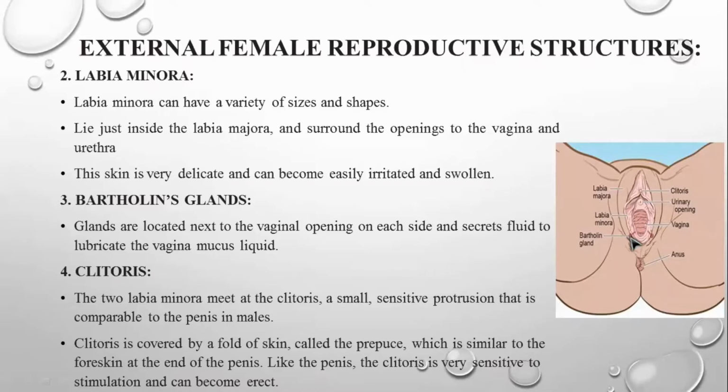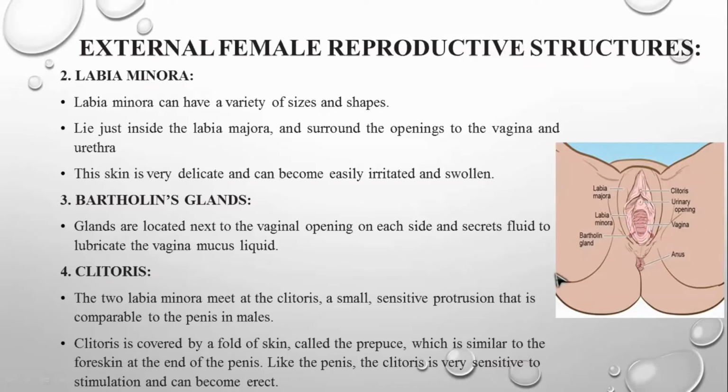The Bartholin gland is mainly used to produce mucus secretion in the vaginal layer. This mucus secretion helps the penis to enter the vagina easily without friction, and it reduces friction as well as pain during penetration.